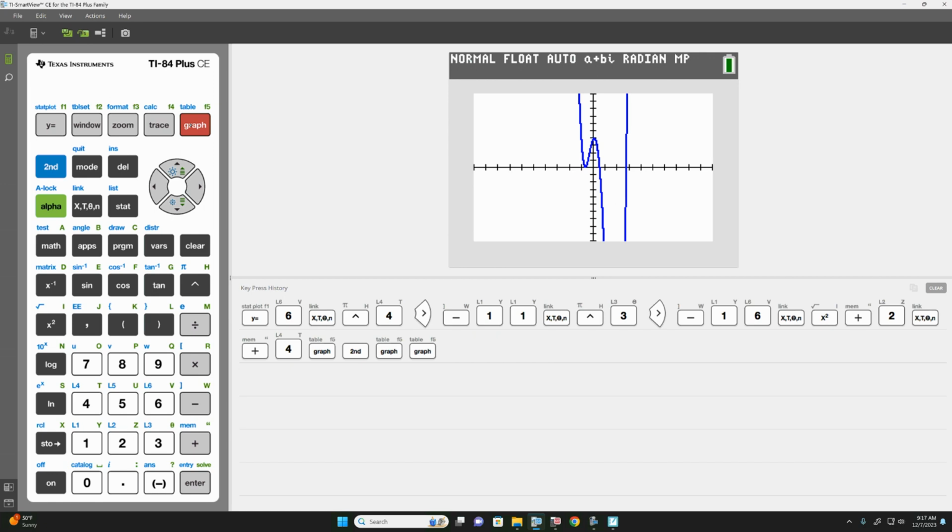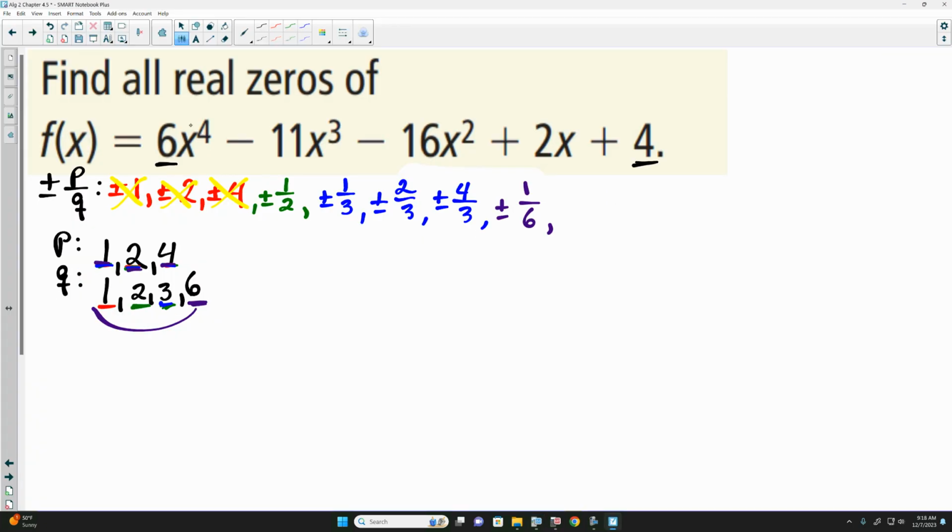Because that farthest to the right is greater than 2 but less than 3, yes? 4/3 is greater than 1 but less than 2, so it doesn't line up with that. On the negative side, there's nothing in that spot either. So what can we say about 4/3? That's gone. If we wanted to check it, we could.